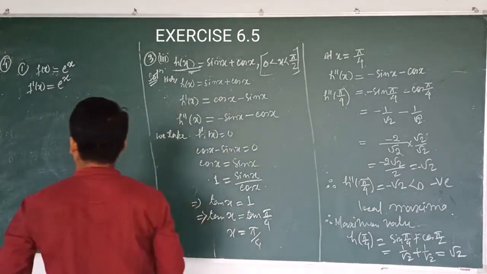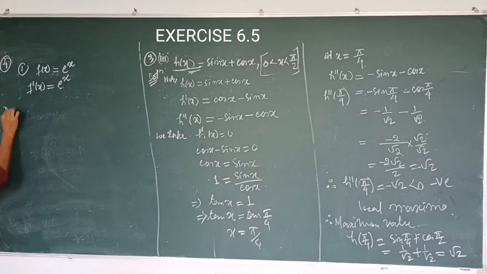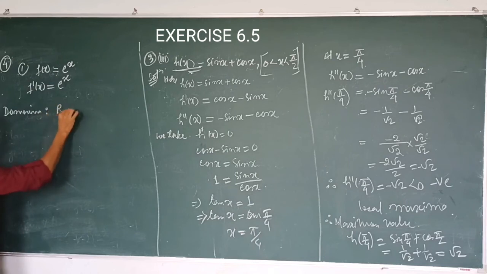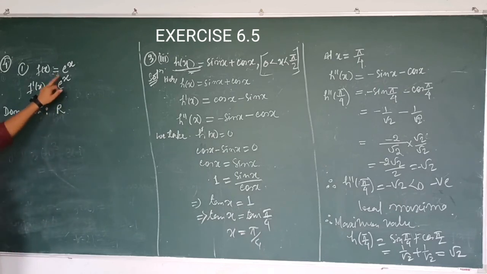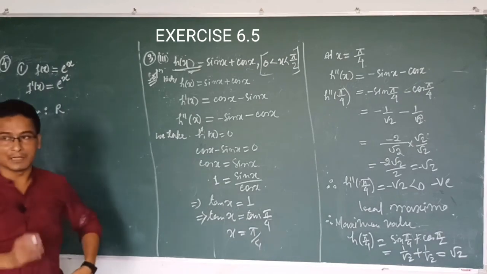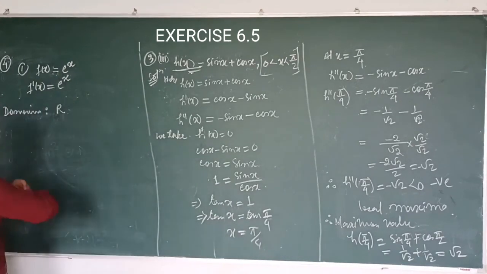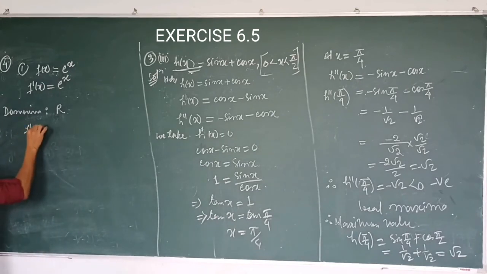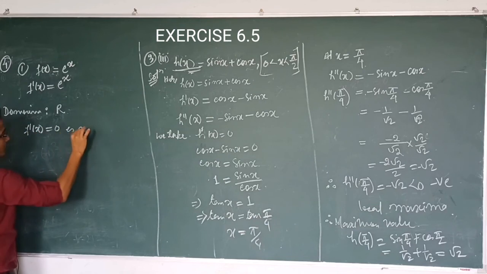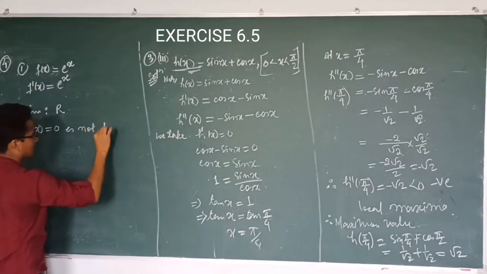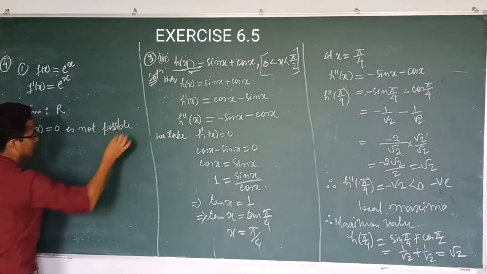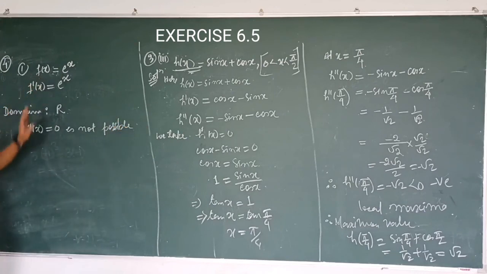The domain of e to power x is R. If we put any value from R as x, you never get 0. Therefore f of x does not have any maxima or minima value.